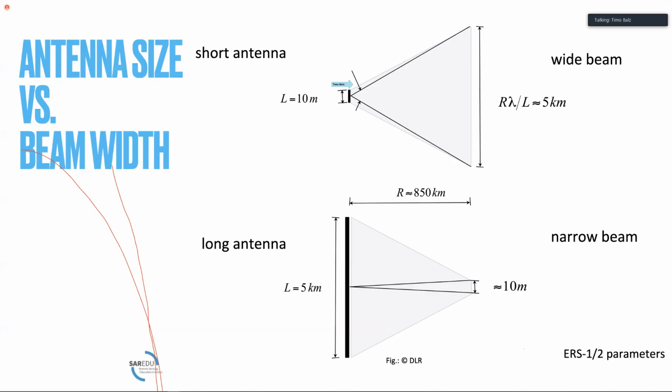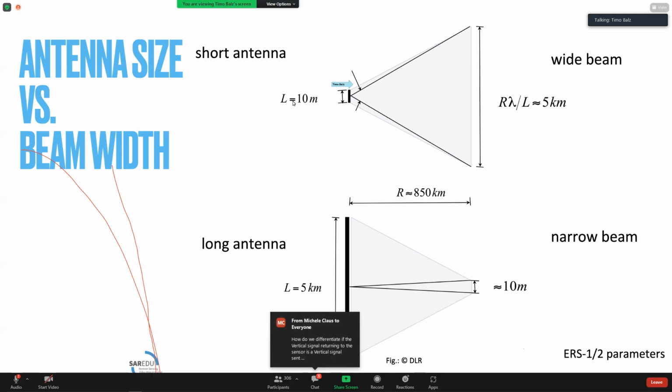So, for example, with a typical antenna size of 10 meters, you will end up at a given range with easily a 5-kilometer beam. If we think about the ERS system, it has a footprint on the ground of about 70 square kilometers. So the signal is covering 70 square kilometers.